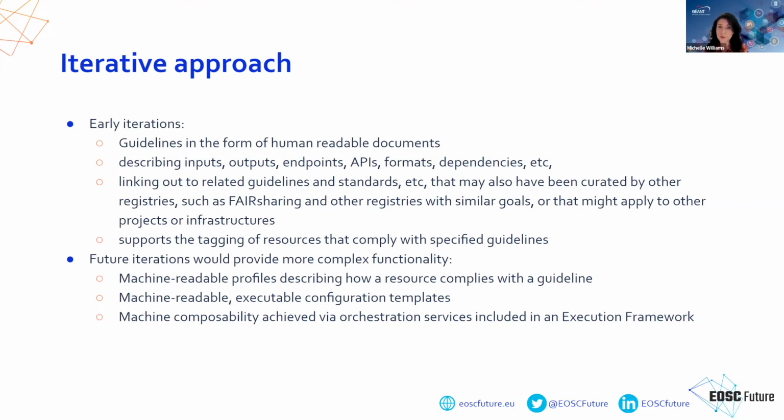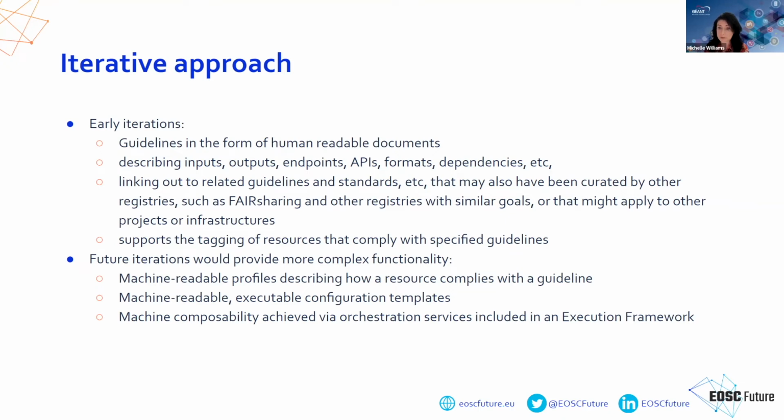So we aim to ensure that we don't duplicate the effort of existing community registries that have similar goals, but we want to make sure that the documents also point out to related guidelines that apply to other projects or infrastructures. This first iteration will support the tagging of resources that comply with specified guidelines.